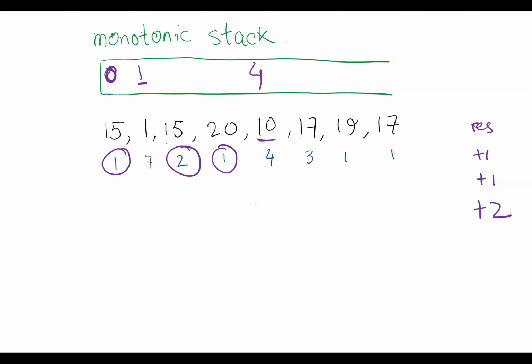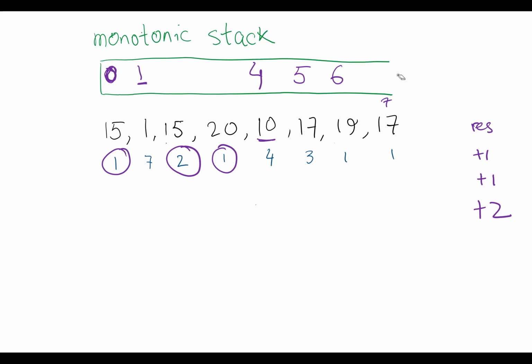Next, I read 17, right? There is no issue between 17 and 10 because 17 is greater than 10. Next, I read 19, which is index 6. 19 is greater than 17, so no issue here. Next, I read index 7.